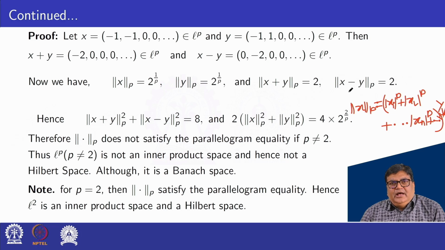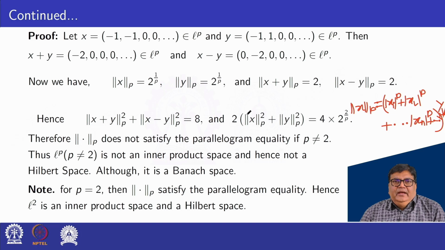Similarly, the norm of x minus y under the p-norm is 2. Hence, the square of the norm of x plus y plus the square of the norm of x minus y equals 2 square plus 2 square, that is 4 plus 4, 8.